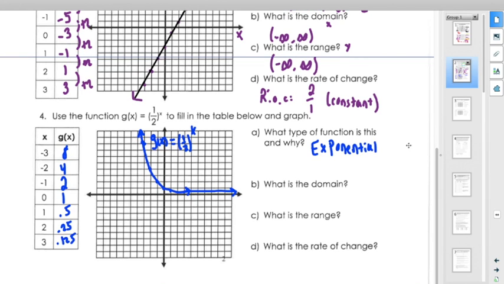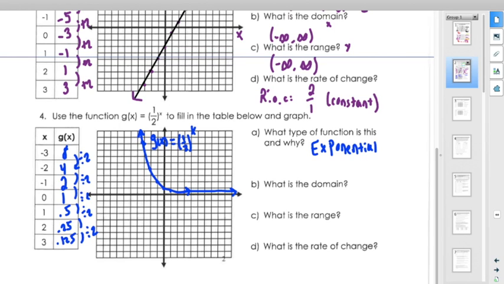So, if it's exponential, we know that it has to either be multiplying or dividing. So if you look here, everything is being divided by 2. Right? Divide by 2, divide by 2, divide by 2, okay, so on and so forth.